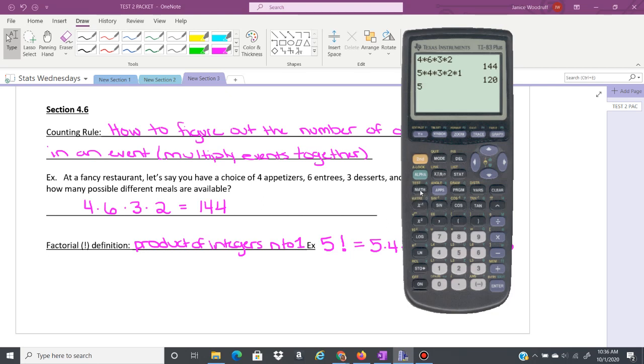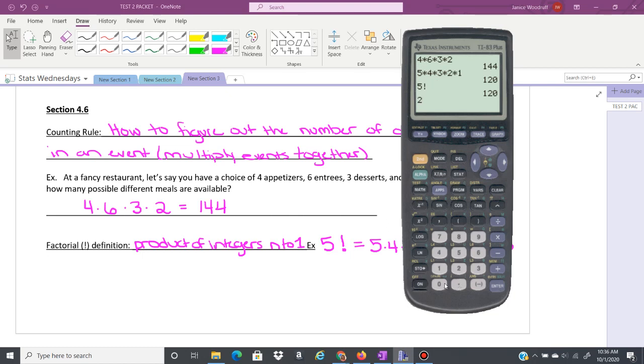Then you scroll over to PRB for probability. You can either go one to the left on your left scroll, or scroll over to the right. Highlight the PRB, and then pick the exclamation point. For me, it's the 4th one down, enter, so 5 factorial, and then my calculator will do that.